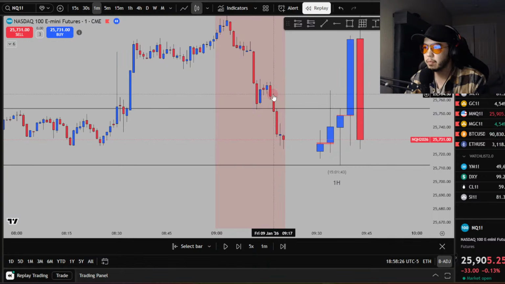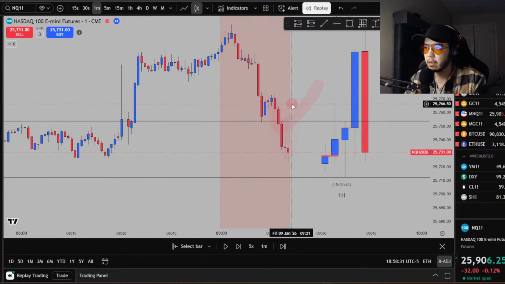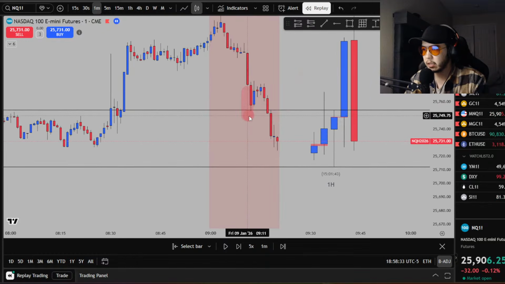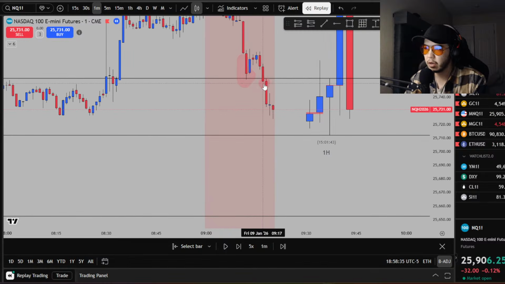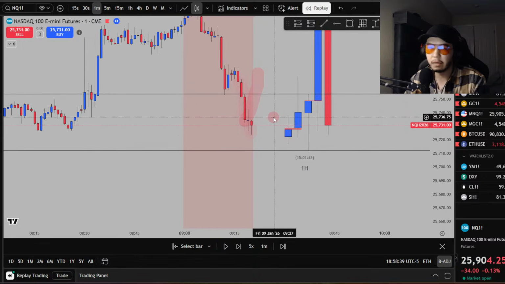I wait for the price to close below it and come back up. The way you avoid fake outs is if the price just gets wicked out, or if the price closes way below the POI. There's just two ways that I avoid it. It's very simple. I don't really make it complicated.